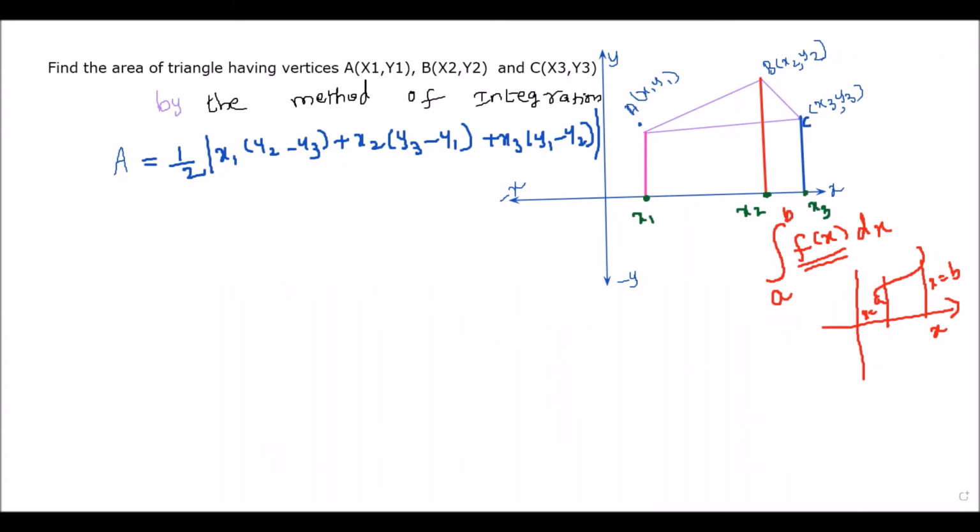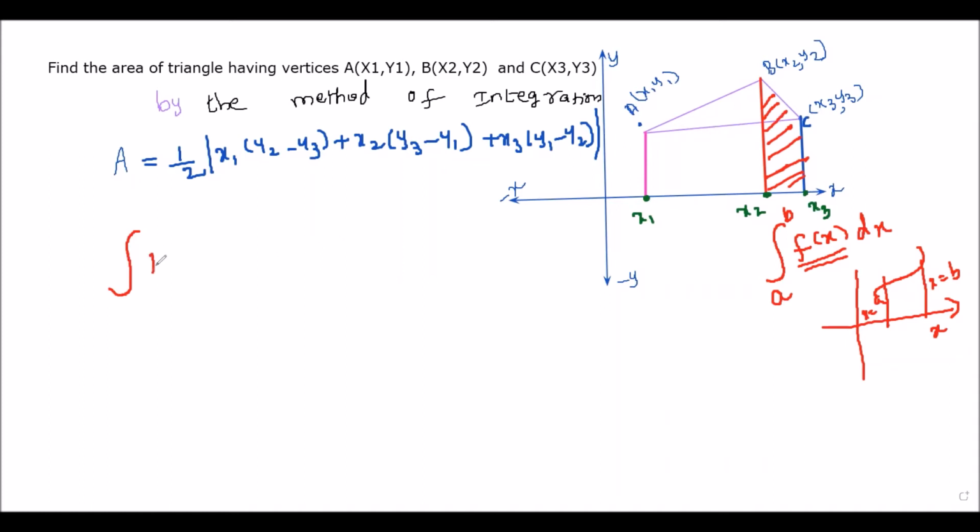Because this vertex is (x1, y1), this point is nothing but x2 and this is x3. So now what will this area be? Let me shade and show the area. I shaded it with red color. If I want to represent this red area through integration, it is nothing but the integration of the area covered by the curve BC.